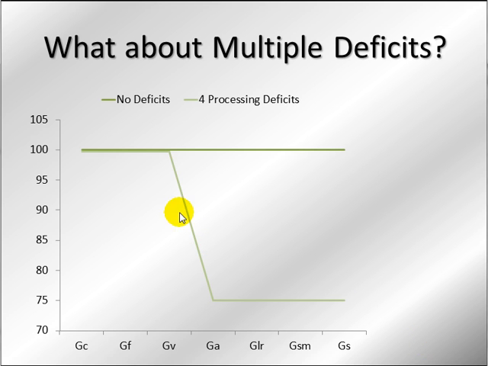And let's say we have 2 different people. One of these people has an index score of 100 for all 7 predictors. Another person has average scores for what most people consider the core of intelligence, and then low scores, 75, for the remaining scores. That is, we have lots of processing deficits and then some cognitive strengths.